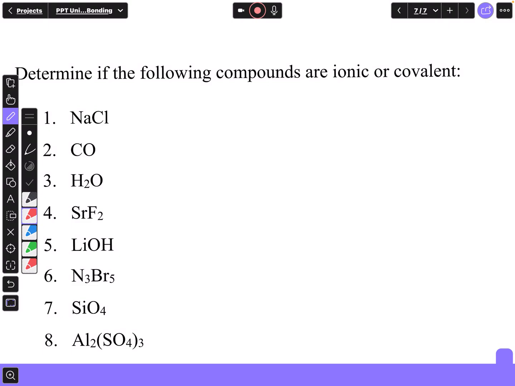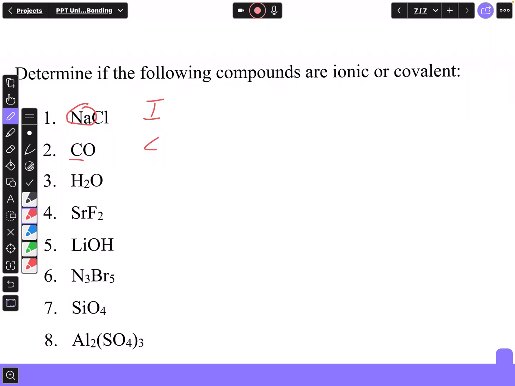So if we look at this first example, you have sodium, and you always look at the first element, and it's a metal. Chlorine's a nonmetal. If the first element is a metal, then it's an ionic compound. If the first element, like in number 2, is a nonmetal, like in this case CO, it's got carbon and oxygen, carbon is a nonmetal, so it's going to be covalent.